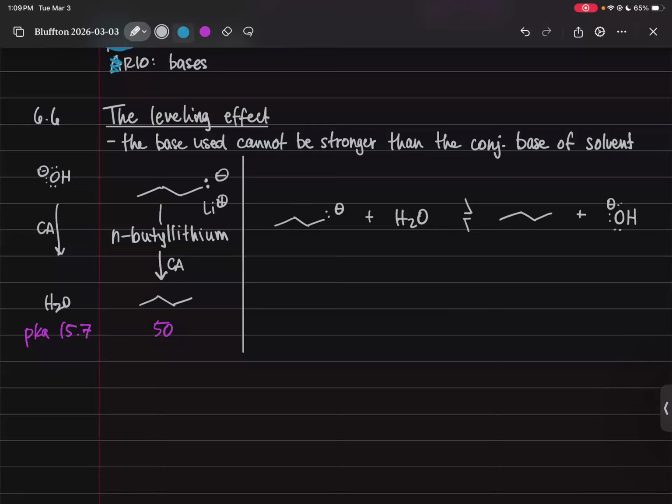Okay, so there's the products, and what we could do is just say, all right, well, the lithium is Li plus, and so that has to hang out with our negative charge wherever it goes. And so that means that our OH minus is actually in the form of lithium hydroxide. Okay. So, we've really already done this whole business here.